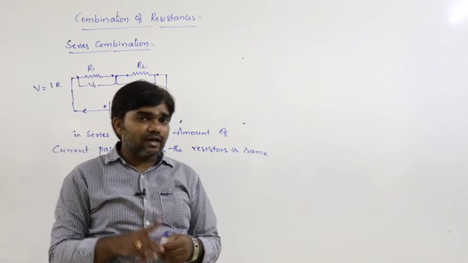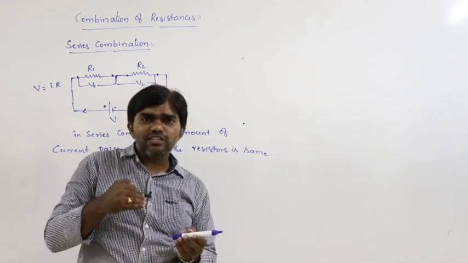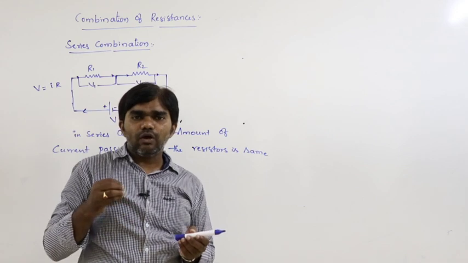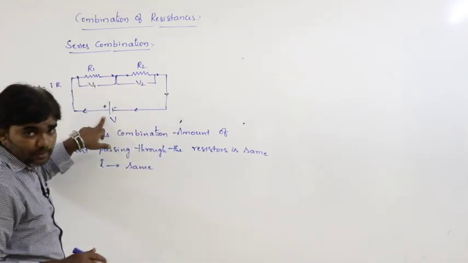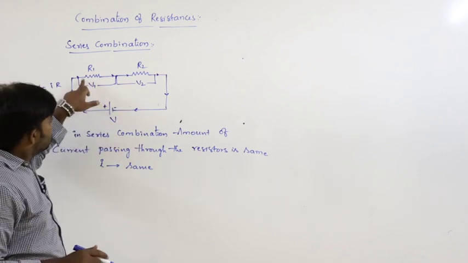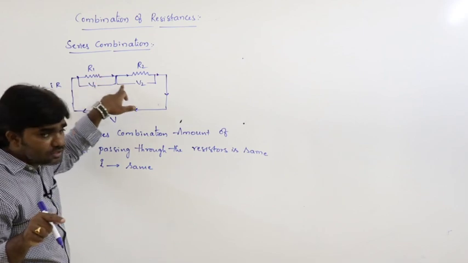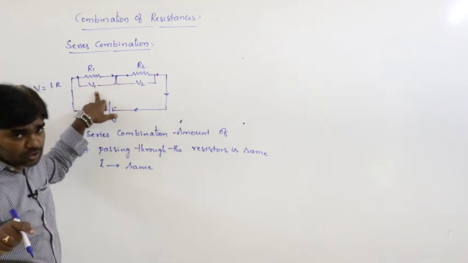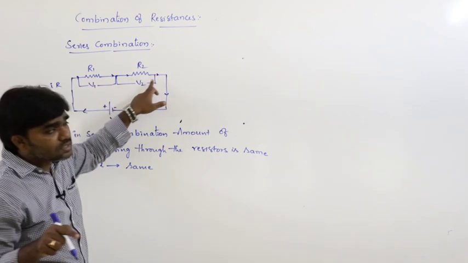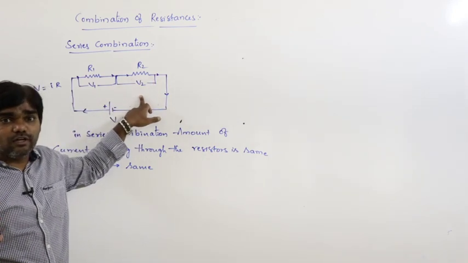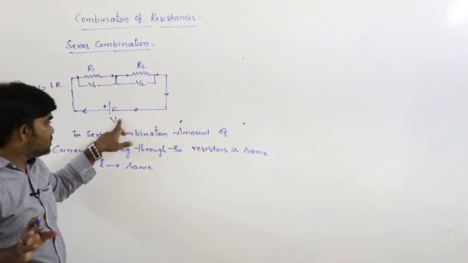Current flowing means flow of charges. If the charge has to flow in the circuit, we have to apply a certain amount of potential. So this is the applied potential. But here is the resistance for the flow of current. That means to overcome this resistance, a certain amount of potential must be dropped here. Next, to overcome this resistance, some more potential must be dropped. Got this point? So that is the situation.